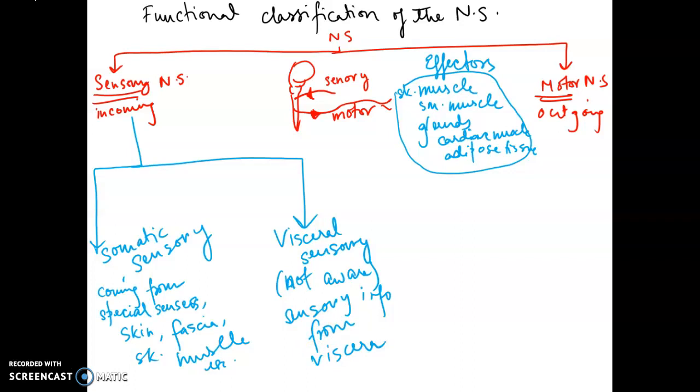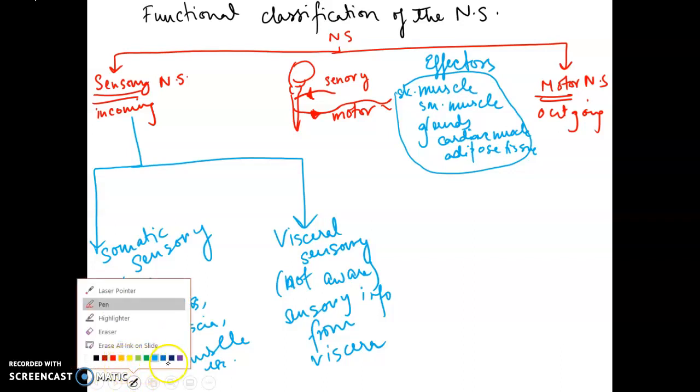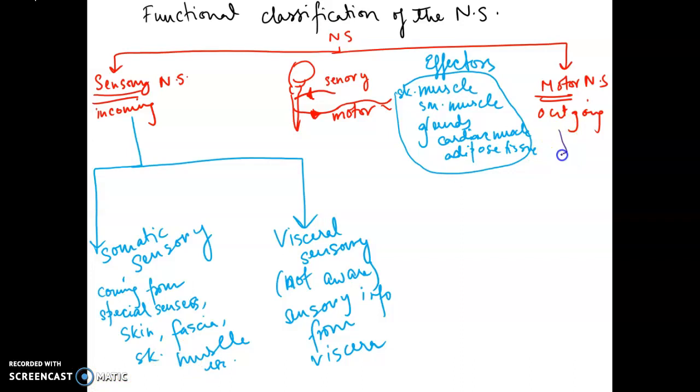Okay. Moving on to the motor division. Let's see, it's a different color. Two types of motor. First, we have somatic motor, meaning the command. So in case of somatic motor, we have the brain and spinal cord, and the command comes out and goes to skeletal muscle.